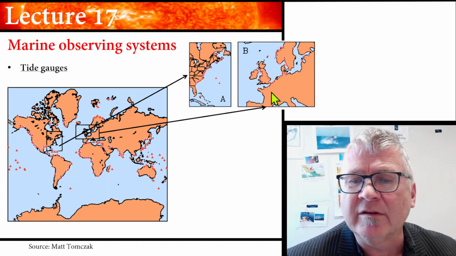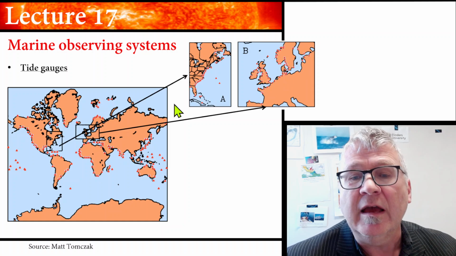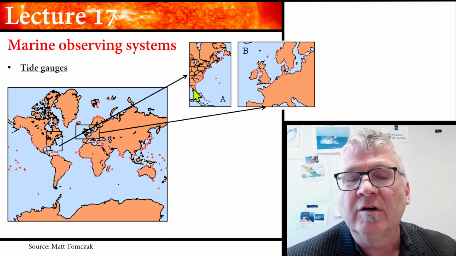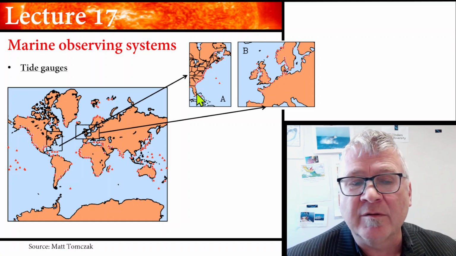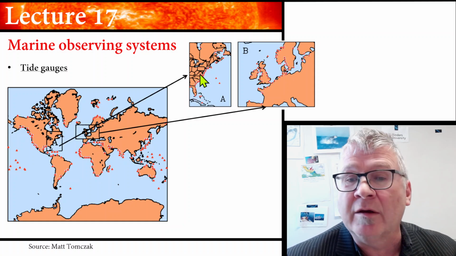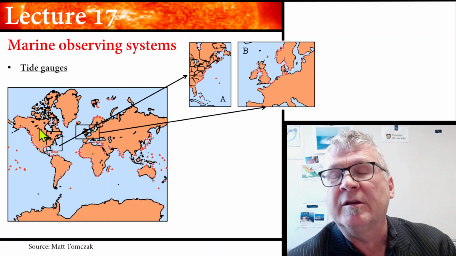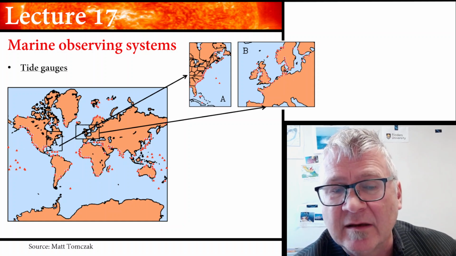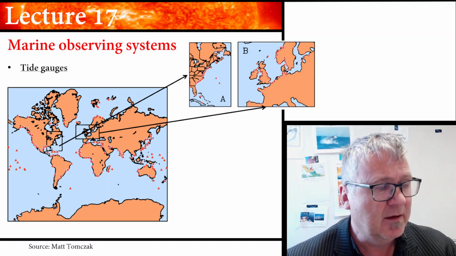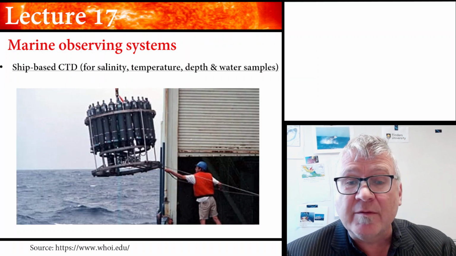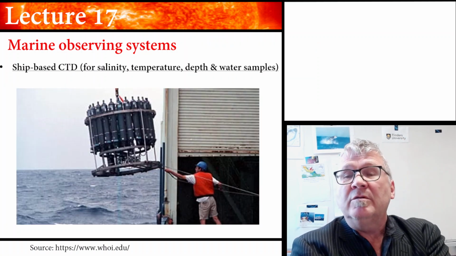As you can see here, all these little dots are tide stations. And on the west coast of North America, there are the most stations. Also on the east coast here, also on the west coast. And other stations, we don't have that many tide gauges. Yeah. But now let's talk about the other method. And this is called CTD.